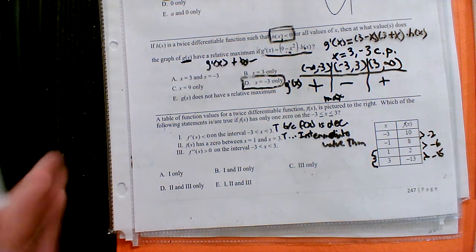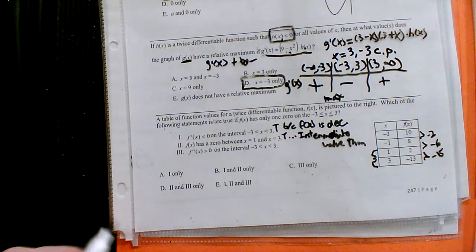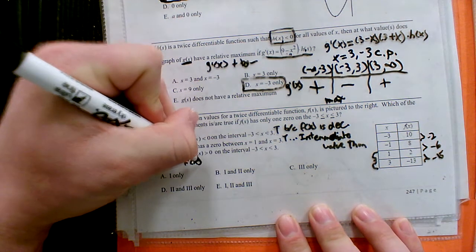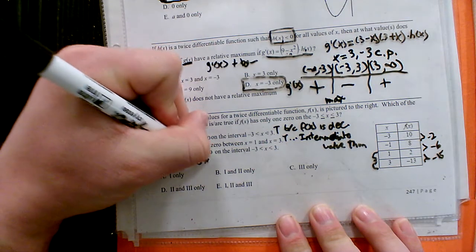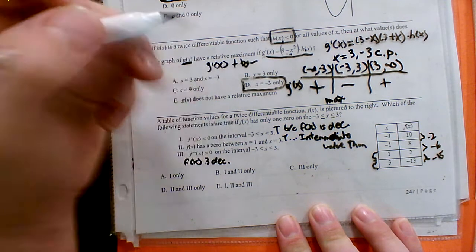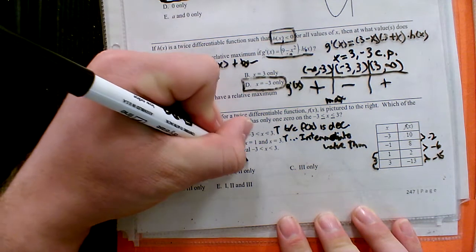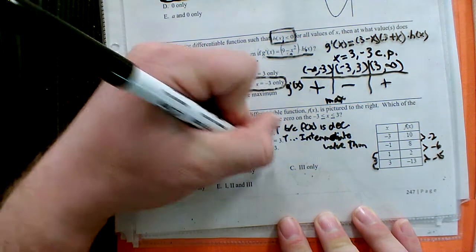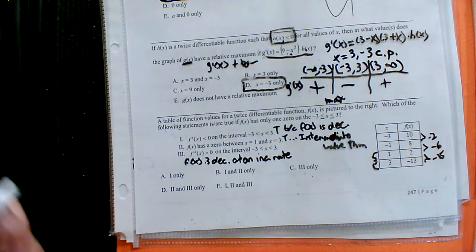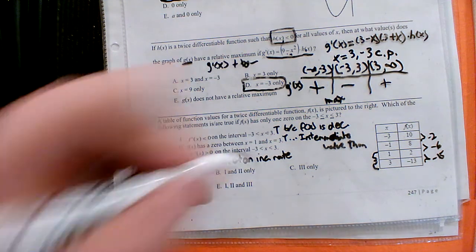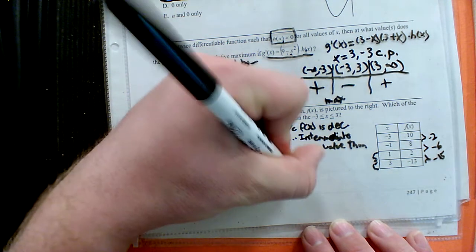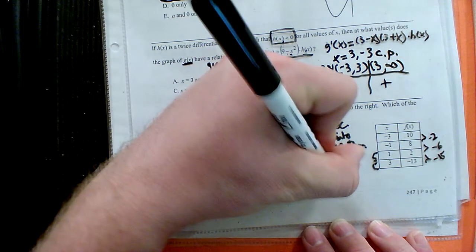Okay, so another way to say that, which is correct: f of x is decreasing at an increasing rate. Which means, so f of x is concave what?